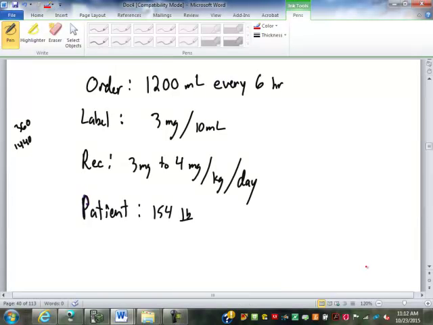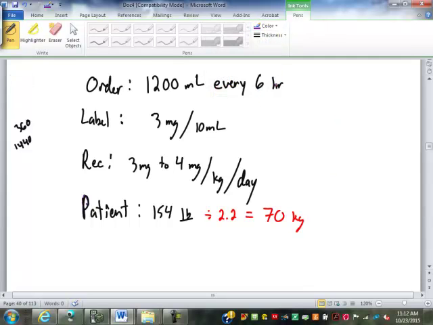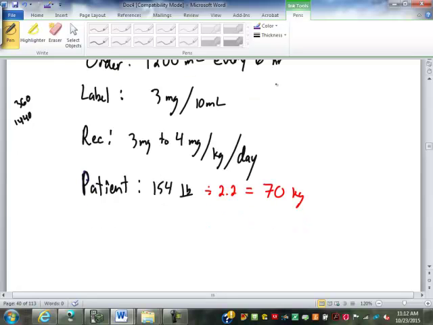So what's our first step going to be? Pounds to kilograms. So 154 divided by 2.2 is 70 kilograms. What's next? Pick which one of the recommended doses we're going to use, the 3 or the 4. Go for it. You did the 3, okay.